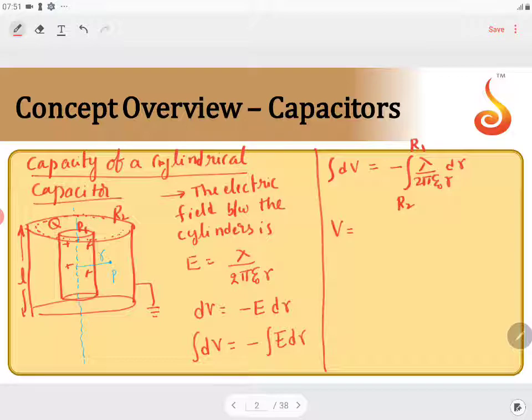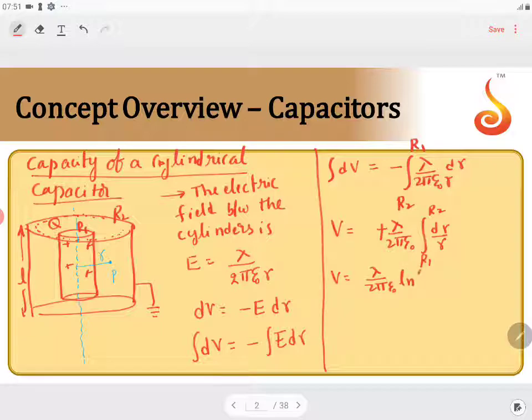Here minus lambda by 2 pi epsilon naught is constant, and we have integral dr by r. To avoid this negative sign, I interchange the limits, r2 to r1. What is integral dr by r? It is ln r, log to the base e.